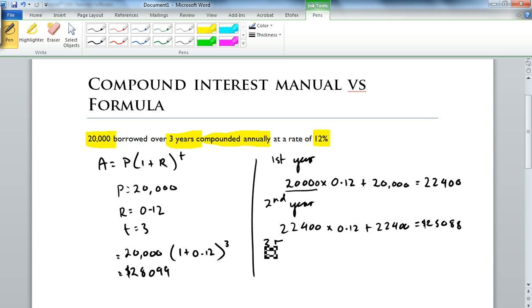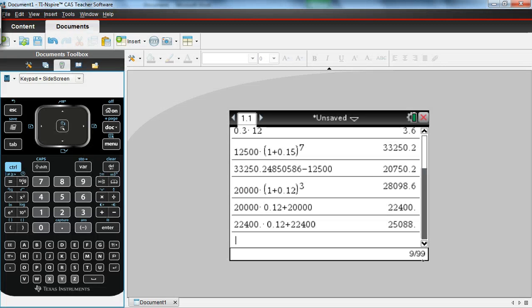Then the third year. You can see that every year the principal is increasing, so it means we're increasing the amount of interest we're paying every year. 25,088 times 0.12 plus 25,088, and we get 28,098.99, which to the nearest dollar is 28,099. So you can see how the formula is a much easier way of doing it.